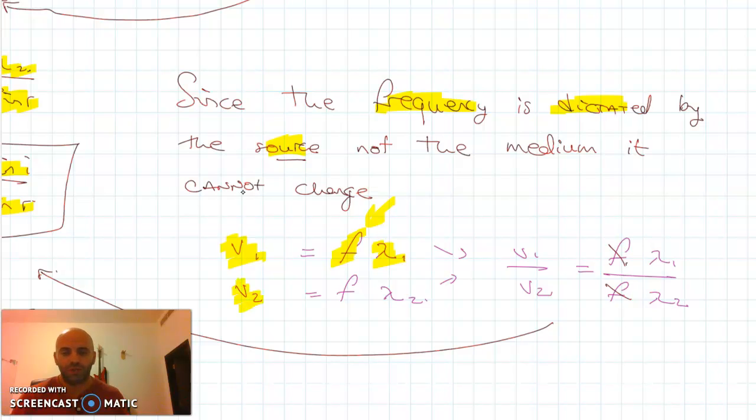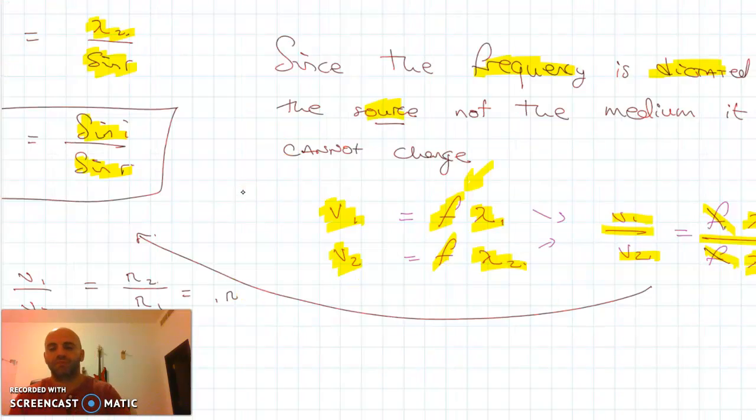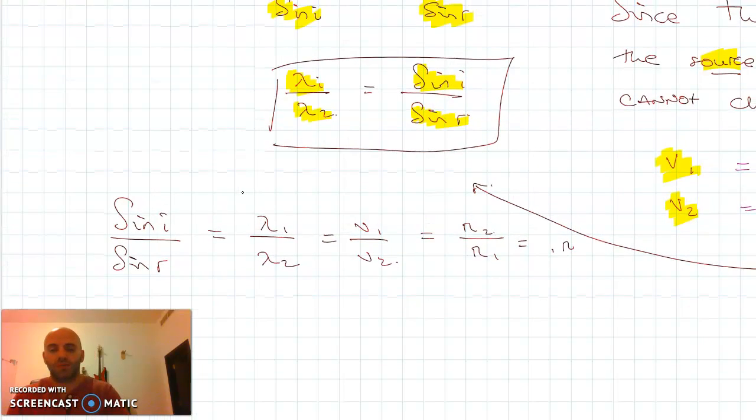Wave speed 2 is going to be that same frequency multiplied by lambda 2. If you divide these two equations by one another, the frequency parts cancel out, and you're left with velocity 1 divided by velocity 2 equal to lambda 1 over lambda 2. And that's basically what we've got.